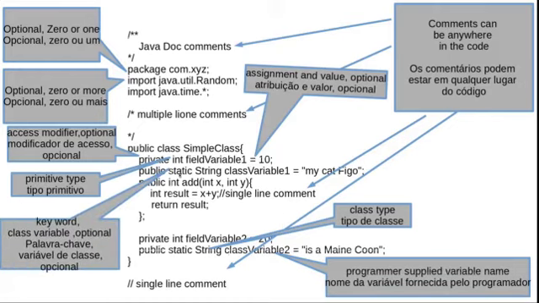Okay, this is a special word, static. Here I've got private int field variable equals 10. Here I've got public, which doesn't mean it's optional. I could have added private as well, but static. Now static is a special keyword that means that this is not a field variable. Field variable means that when you create different objects of type SimpleClass, each object would have its own field variable.